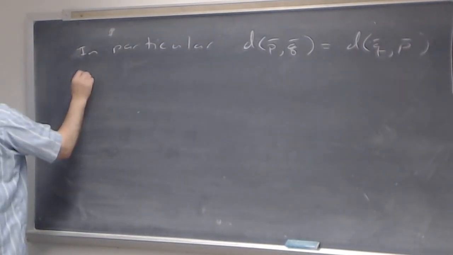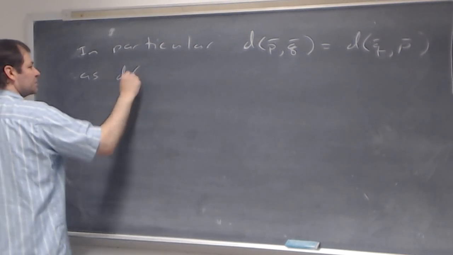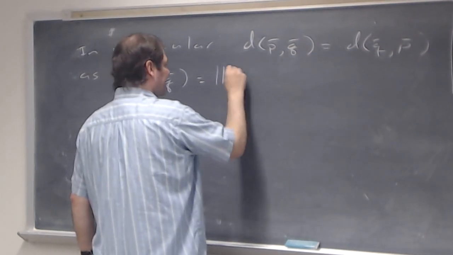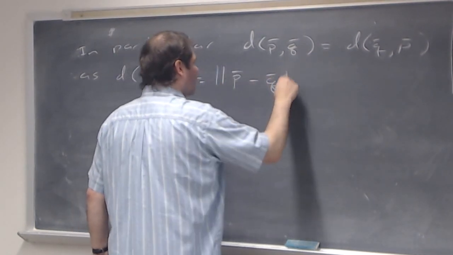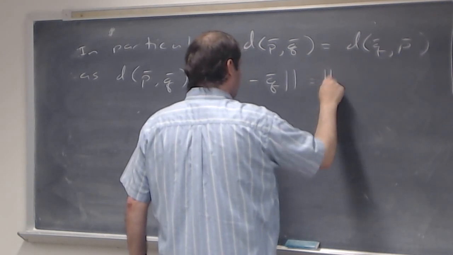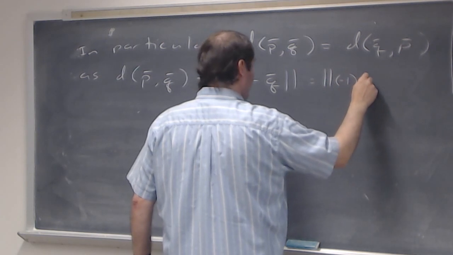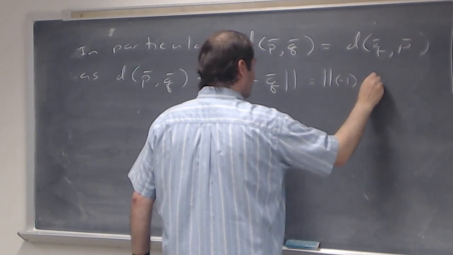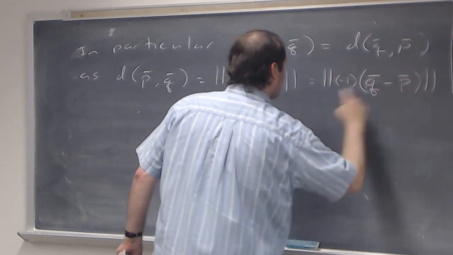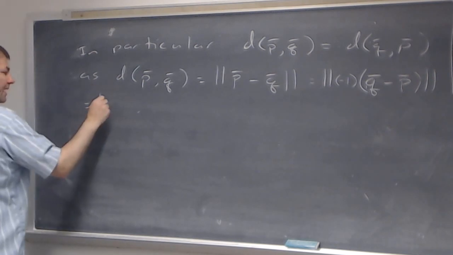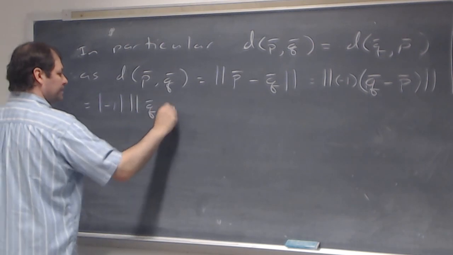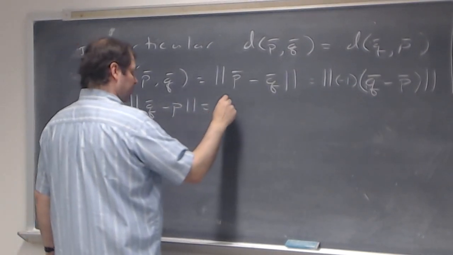As the distance between P and Q, as we're defining it in R^k, is equal to this norm of P minus Q, which can be thought of as the scalar minus 1 times Q minus P. And what we proved is that this is equal to the absolute value of minus 1 times the norm of Q minus P. And the absolute value of minus 1, of course, is 1.